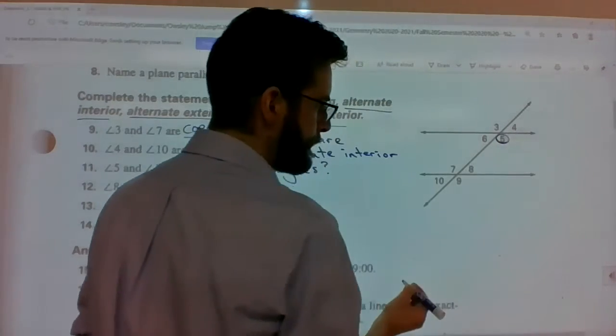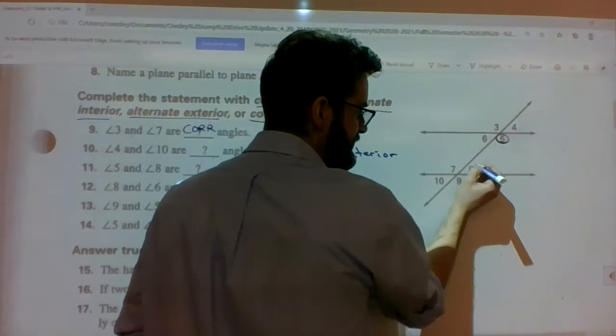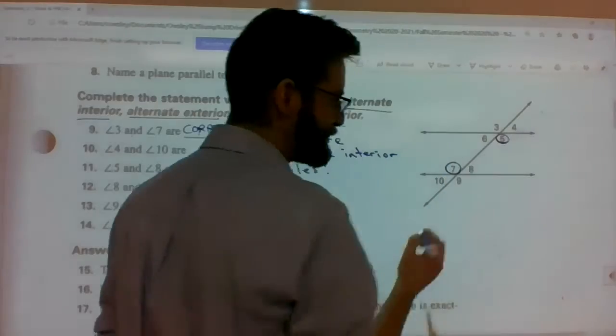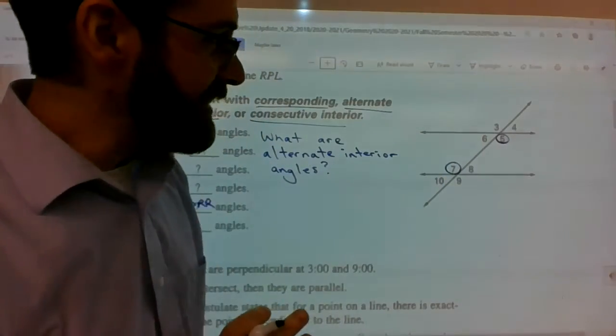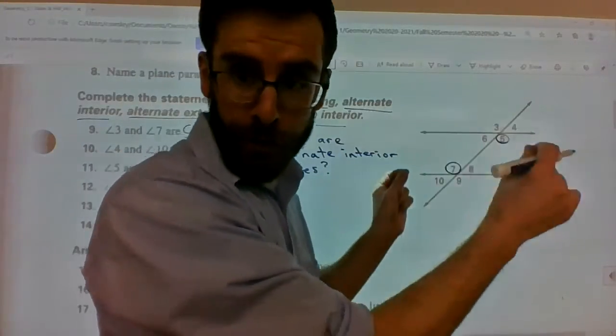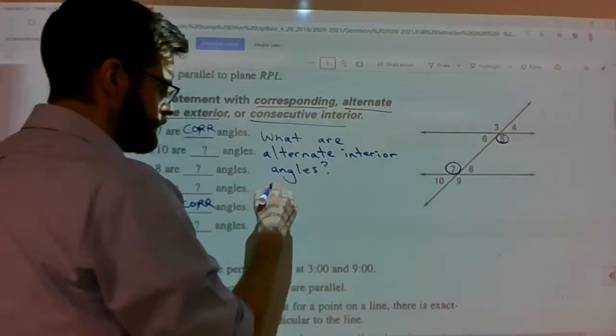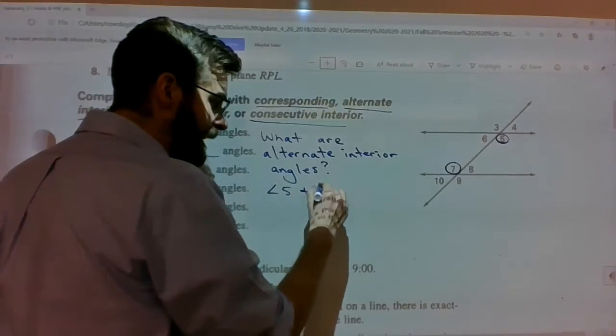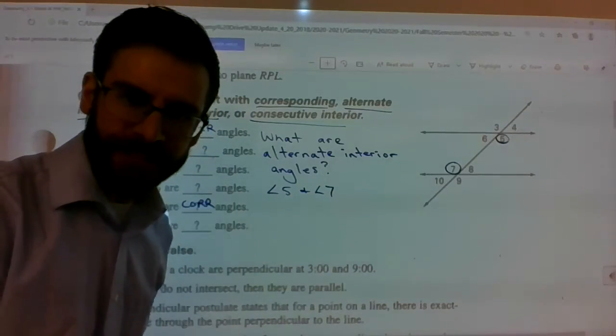5 and 7. Sorry. 5 and 7. Those would be considered interior angles that are alternate one another. So angle 5 and angle 7 are a pair of alternate interior angles.